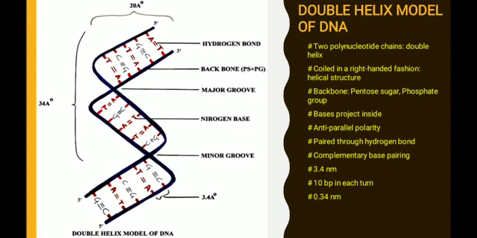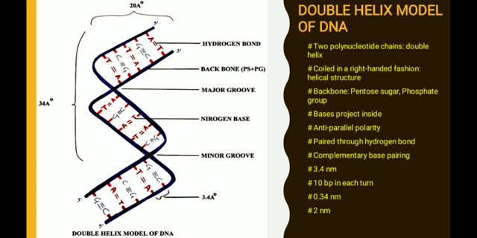Hope you understood. Now, the diameter of the DNA molecule is 20 Angstrom. 20 Angstrom means 2 nanometer. So that is about the diameter of the DNA molecule. So these are the important points regarding the structure of DNA molecule. We can also note down some other additional points.